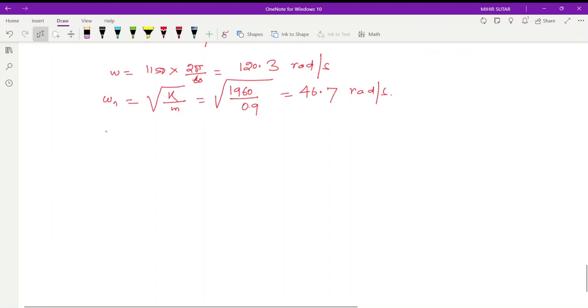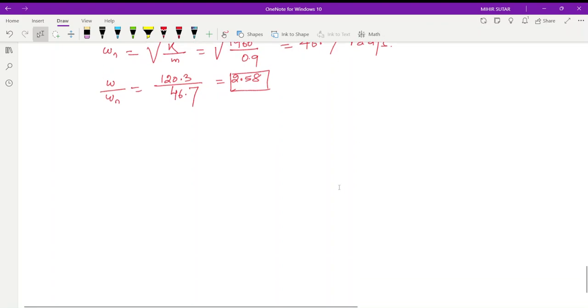Okay, then omega by omega n is 120.3 divided by 46.7, that is 2.58. Okay, now we have the equation of motion for the base excitation.